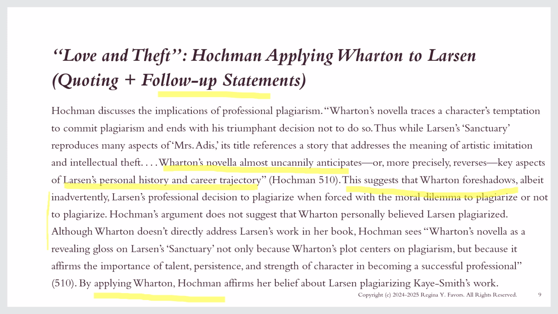And so she's suggesting that Wharton had some sort of foreshadowing insight into Larsen's work, that she was going to plagiarize Sheila K. Smith. She's giving Wharton more credence and more merit as this foreshadowing figure of who's going to plagiarize and who's not. So that's Hockman applying Wharton to Larsen.